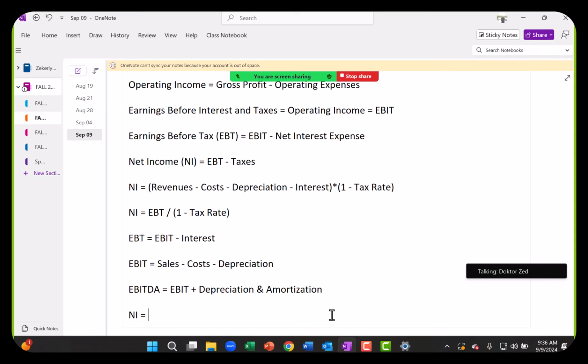One is cash dividends, the other is change in retained earnings. So if you made $10 billion and you paid your shareholders $1 billion in dividends, then $9 billion you added to your retained earnings because it has to go somewhere.